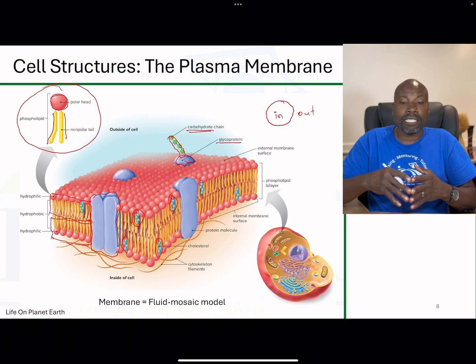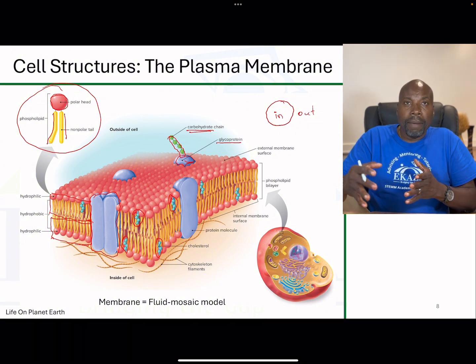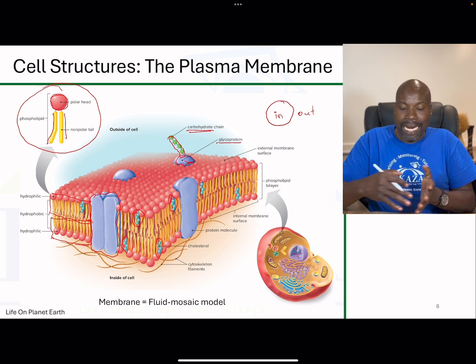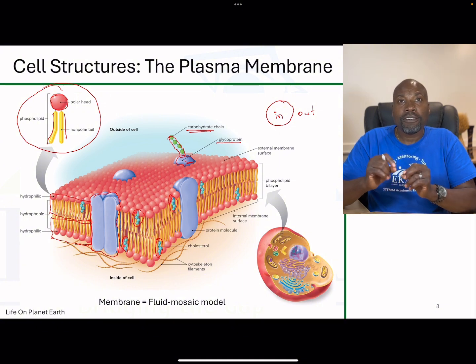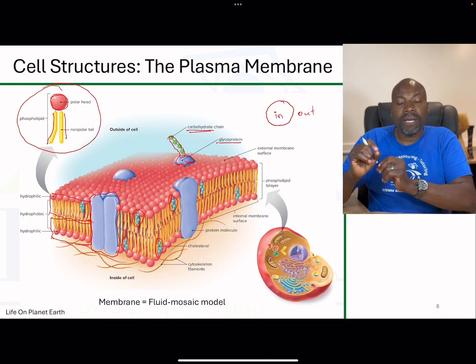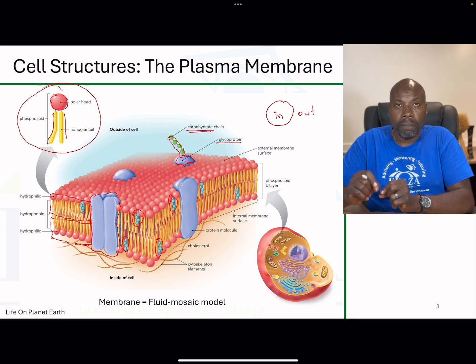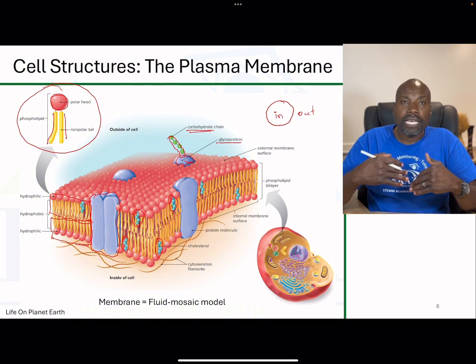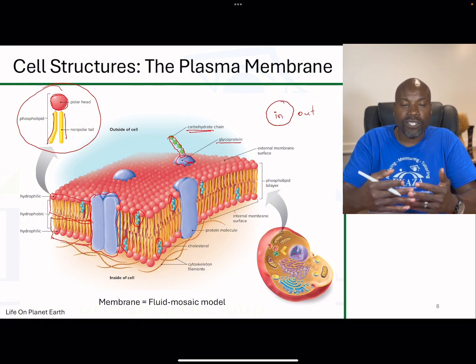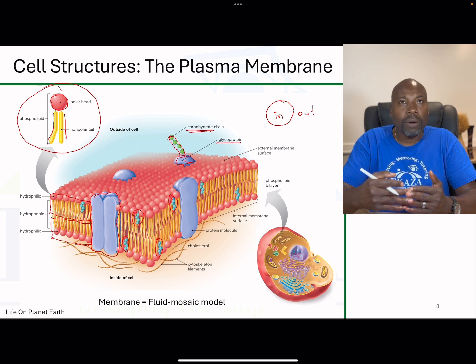Because the plasma membrane is fluid, the chemicals can move in and out. In fact, the plasma membrane is semi-permeable. Semi-permeable because it allows some chemicals to go in and out and vice versa, while not allowing some other chemicals to go in and out freely, right?